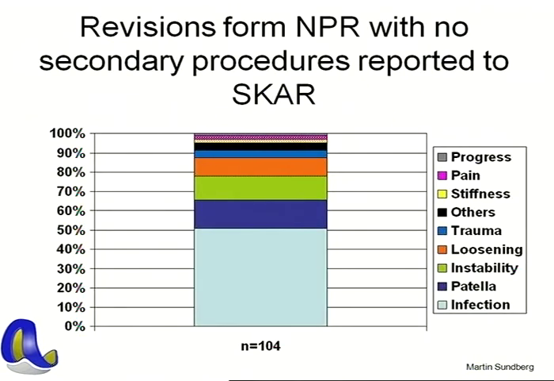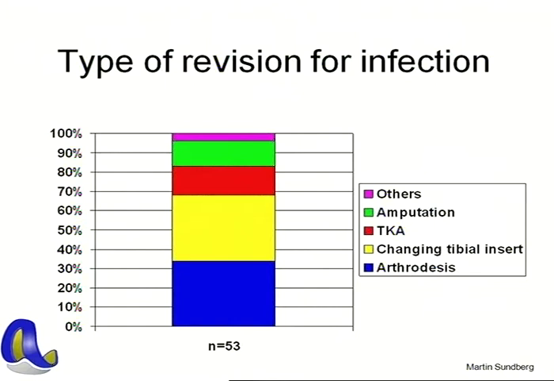So if we look into these revisions to see what causes they had, infection dominates, with more than half of the cases. And if we look specifically into these infections, you can see what procedures were done. One third was an arthrodesis.